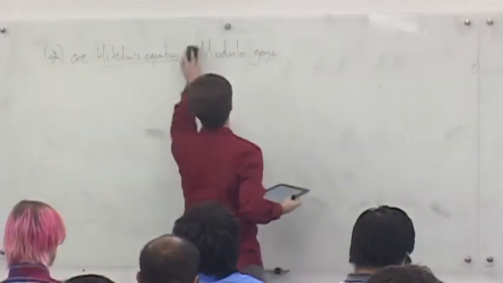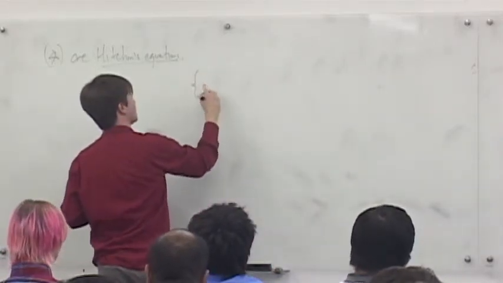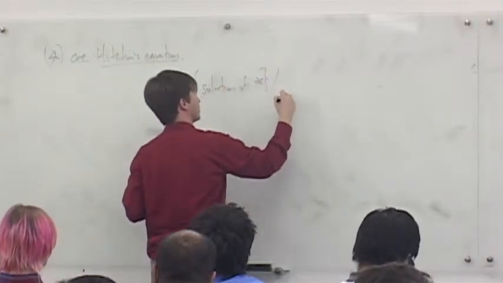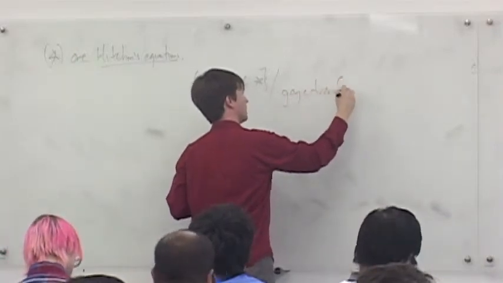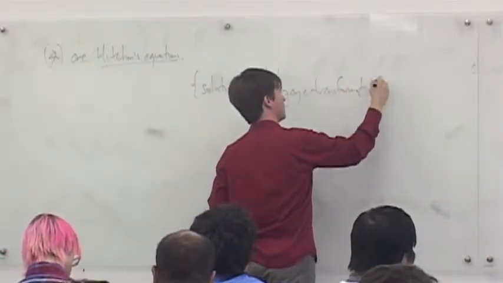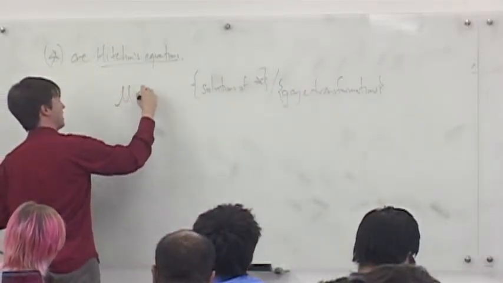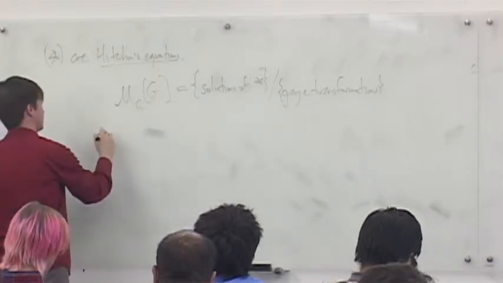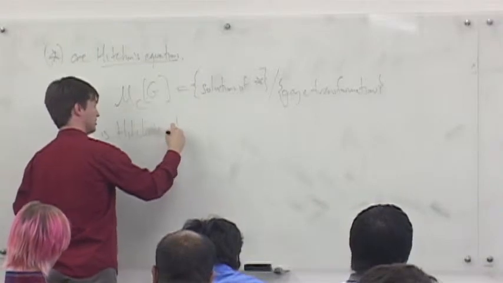So let's say it this way. The space of solutions of star modulo gauge transformations, let me call that M_C of G. So this is Hitchin's integrable system.